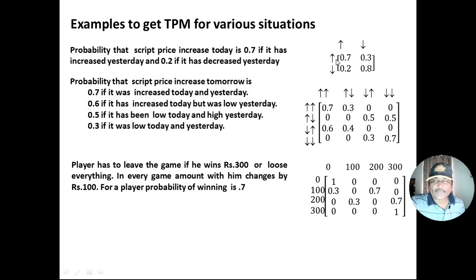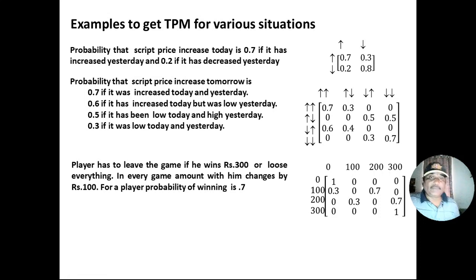Now we know that the probability that the share price will increase today, if it has increased yesterday, is 0.7, right? So 0.7 must be written here, okay? And if the probability of an increase in the share price today is 0.7, then the probability of a decrease in the share price today will be 0.3.